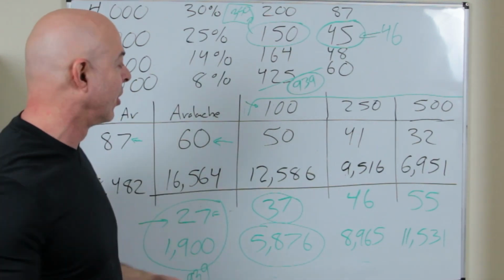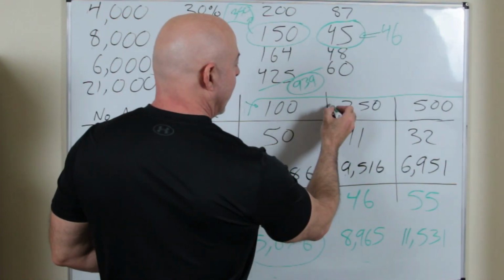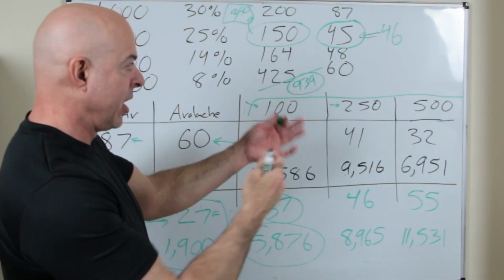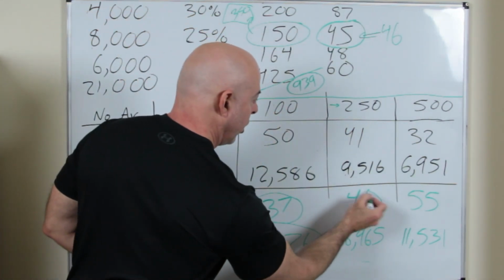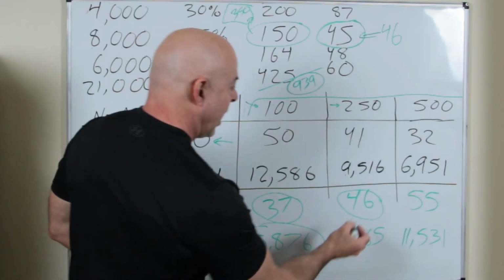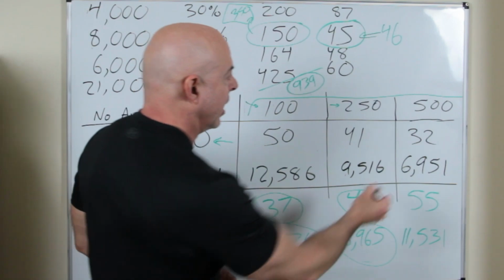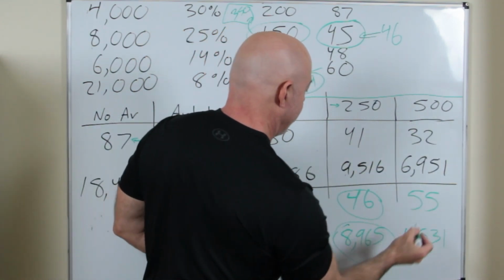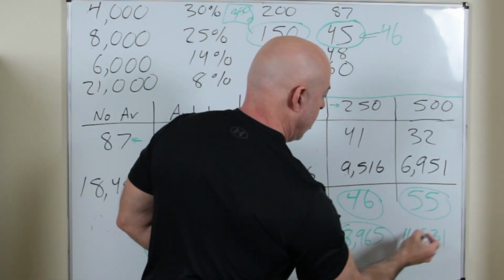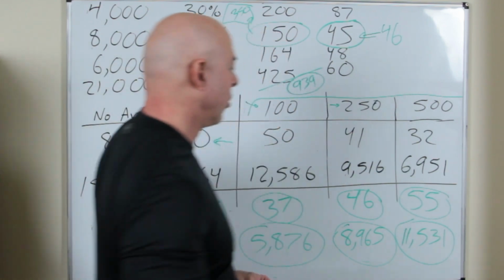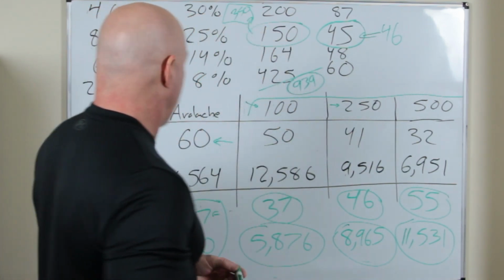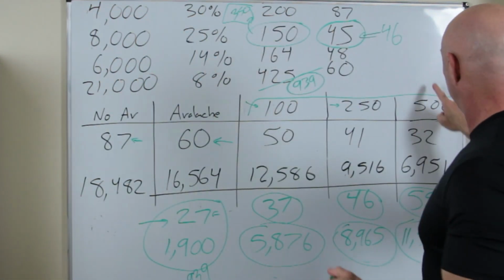That's 3 years. If you can get an extra $250 a month, I'm just showing these as examples, you're going to save 46 months. That's almost 4 years. And you're going to save $9,000. And then again, with $500, you're going to go to 55 months is what you're going to save. And it's going to take you $11,531. So what does that mean if you had the extra $500?